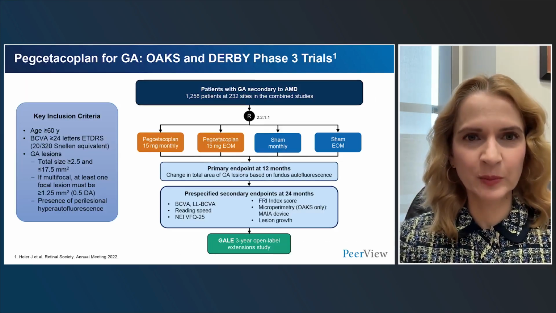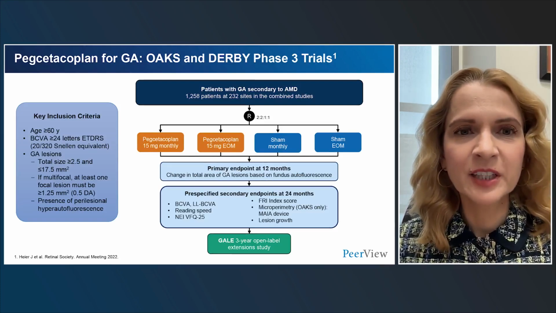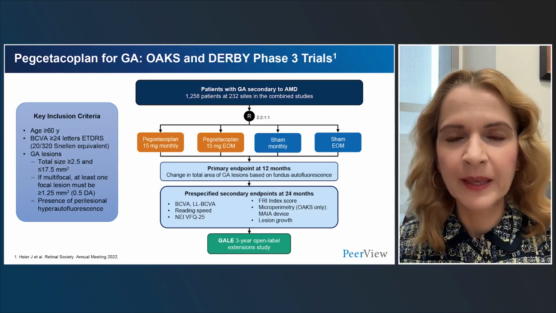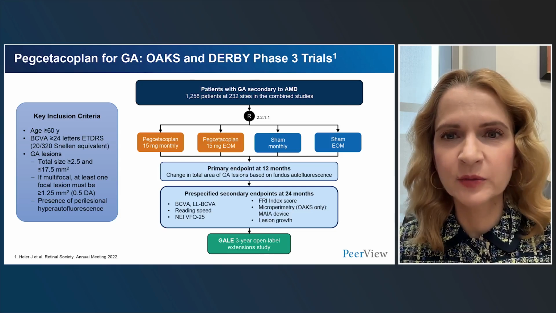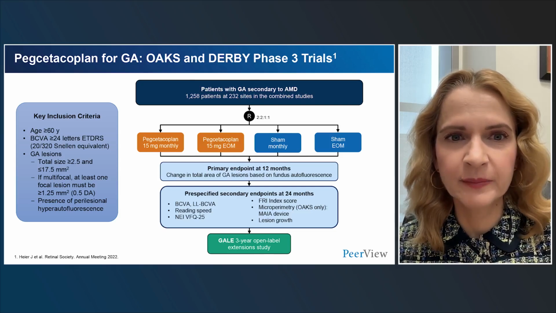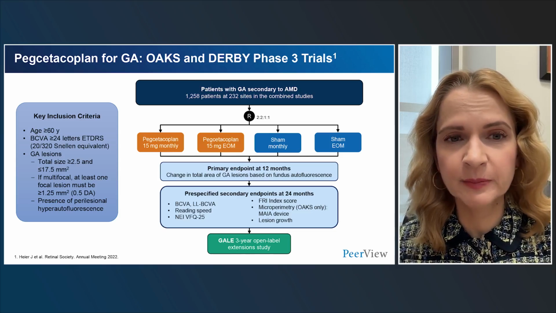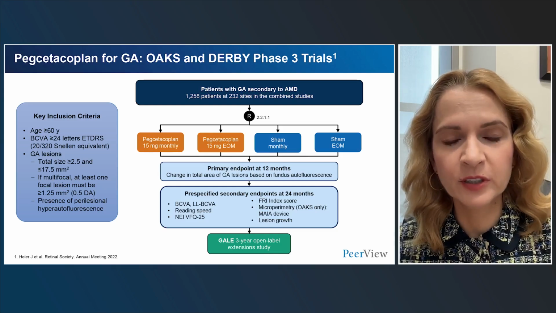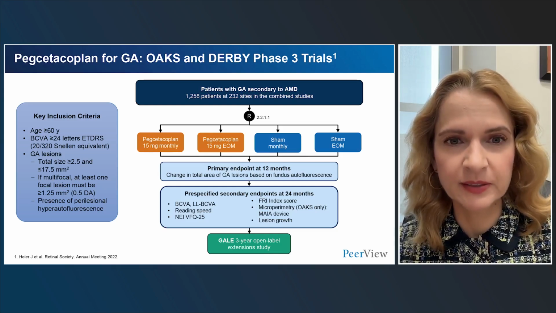Next, on to pegcetacoplan. The FDA approval was based on the registration trials OAKS and DERBY. These were phase 3 clinical trials of patients with GA secondary to AMD that included participants with the GA lesion criteria listed on the left. These were both subfoveal and non-subfoveal participants.